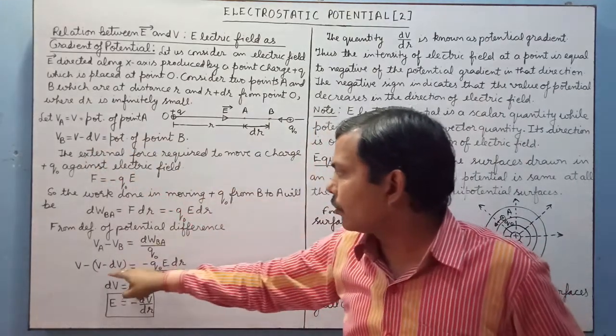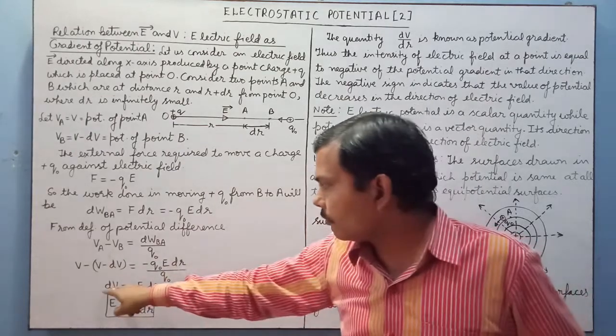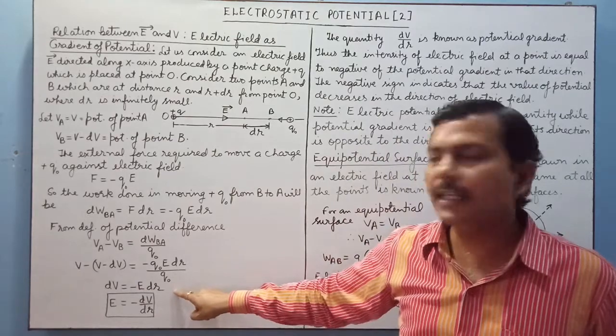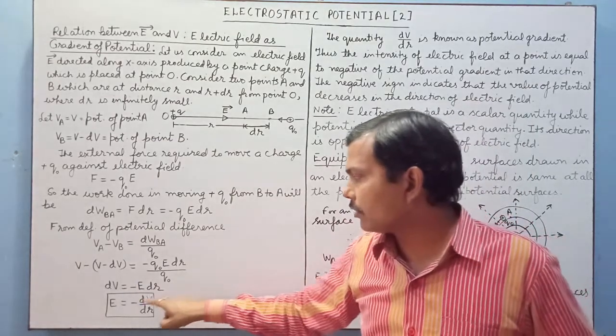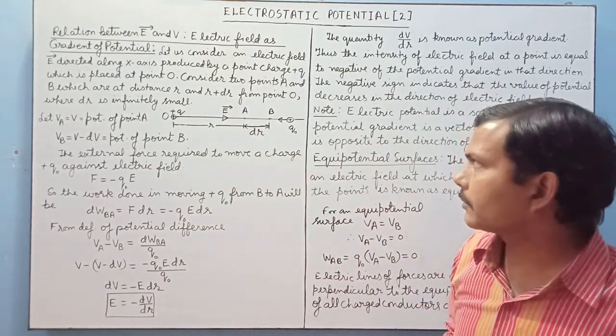Then solve this equation. We will get dV is equal to minus E dr. From this equation, E is equal to minus dV by dr.